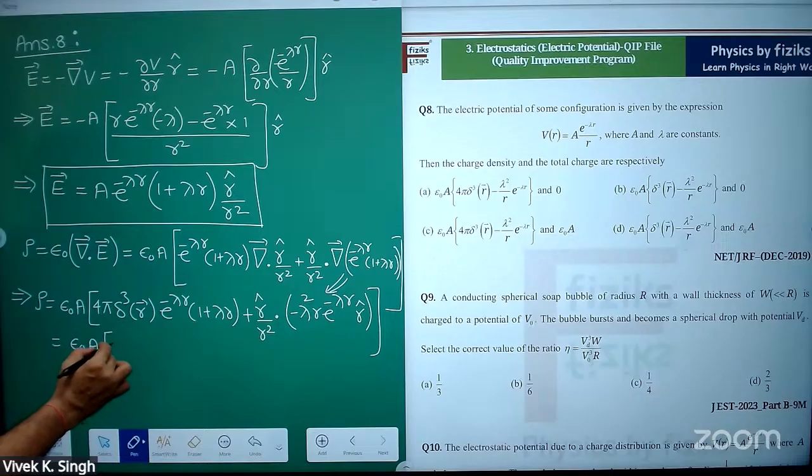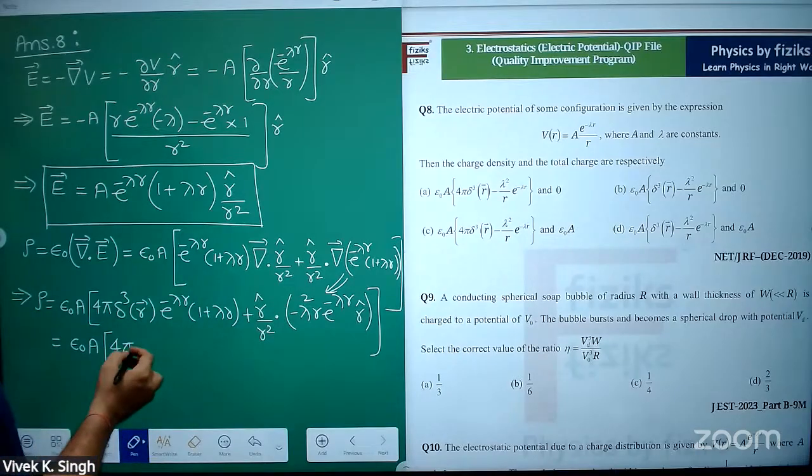So this is 4 pi, and now see, because the delta function is defined at R equal to 0 only.